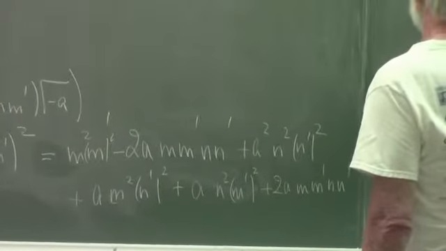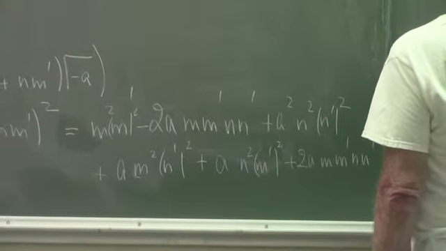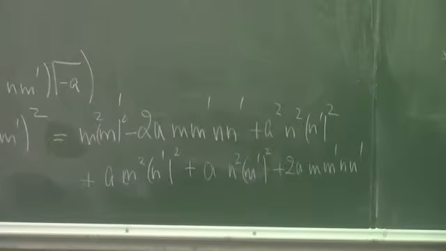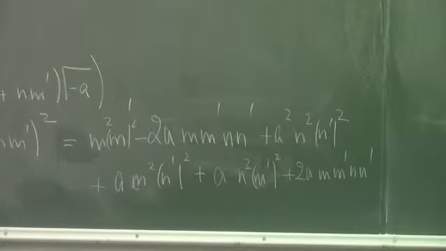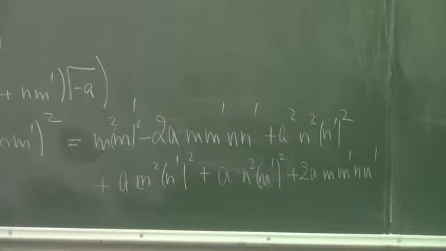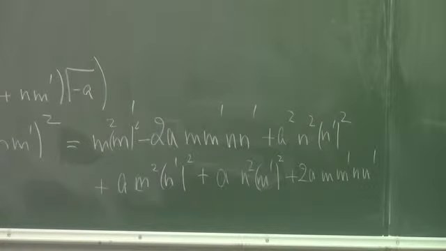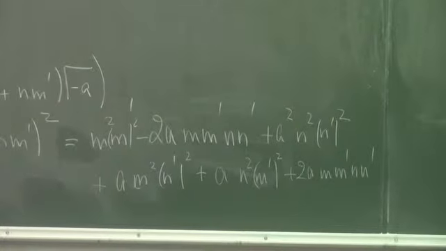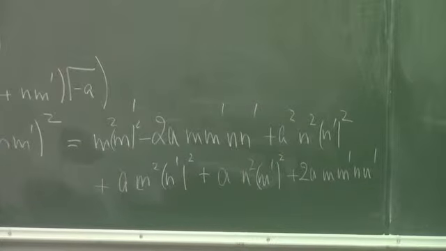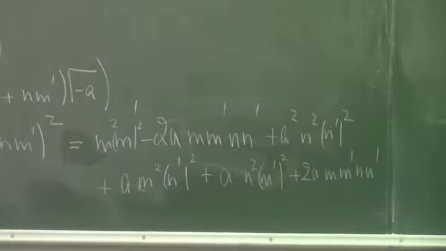Now, if I take N of M plus N square root of negative 8 times N of M prime plus N prime square root of negative 8, I get M squared plus A N squared times M prime squared plus A N prime squared. The pluses should be there, yeah.